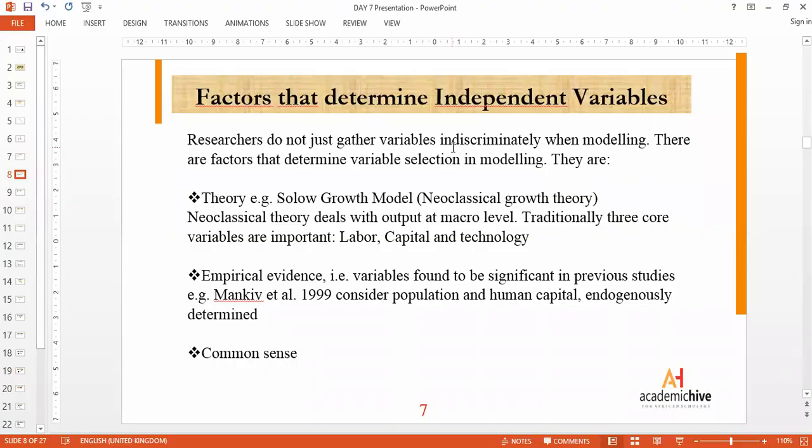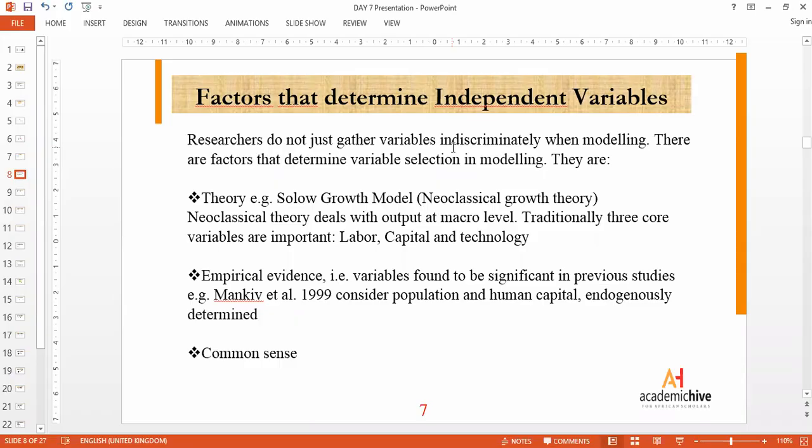When you were doing your gap analysis, if you had seen the work of other researchers related to your field, some persons may say this particular factor or concept is not very significant when you want to measure something, and some might say this is significant, okay? So those variables that have been found to be significant over time can be used as your independent variables.